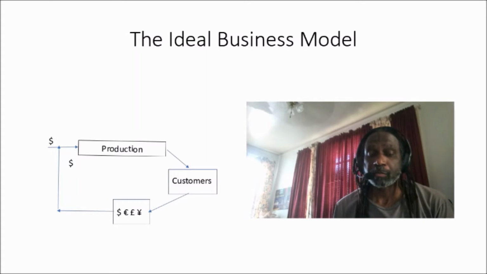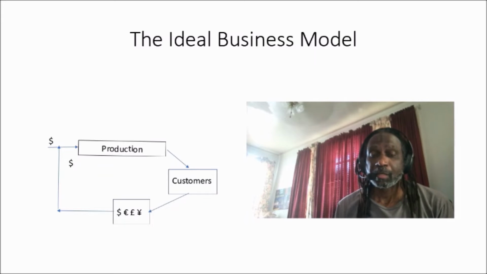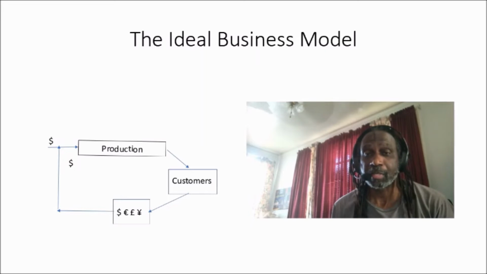And this ideal model just keeps going round and round and round. Money coming in, products going out, customers paying money. This is the ideal model. And if you can look inside of my dreams, that is what you would be seeing.